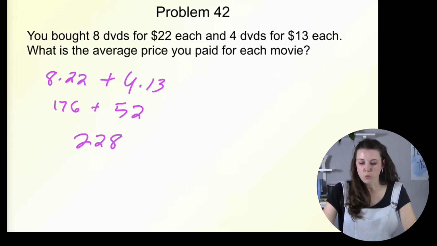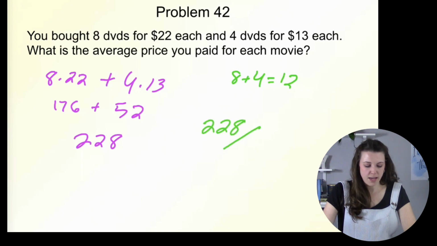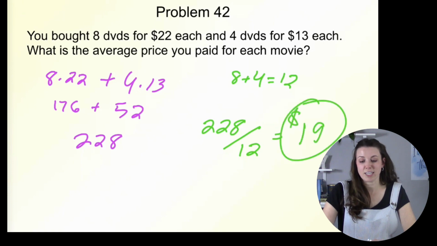And now we have 8 plus 4 is 12, right? So we're going to go 228, divide that by 12, and we get $19 for our answer, $19 per DVD.